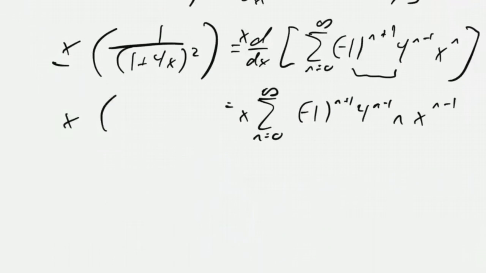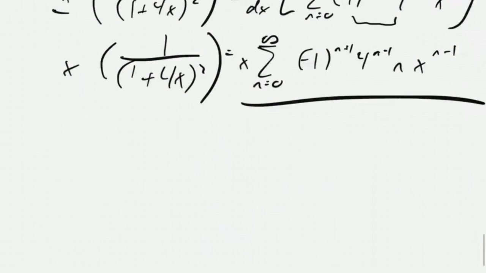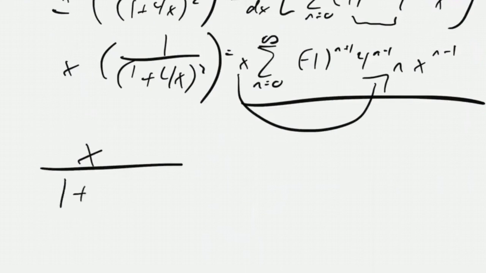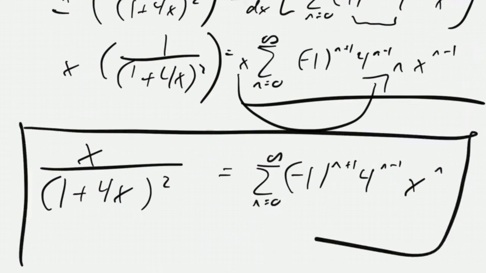So x, 1 over 1 plus 4x squared should equal this. Last step is just to bring this x inside the power series. Okay, when I bring the x inside, I got n minus 1 plus 1, so just x to the n. And that should be our final answer.